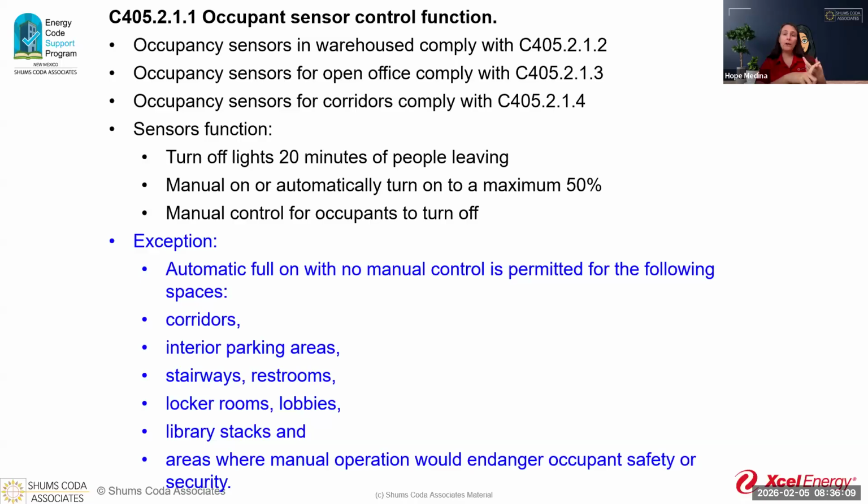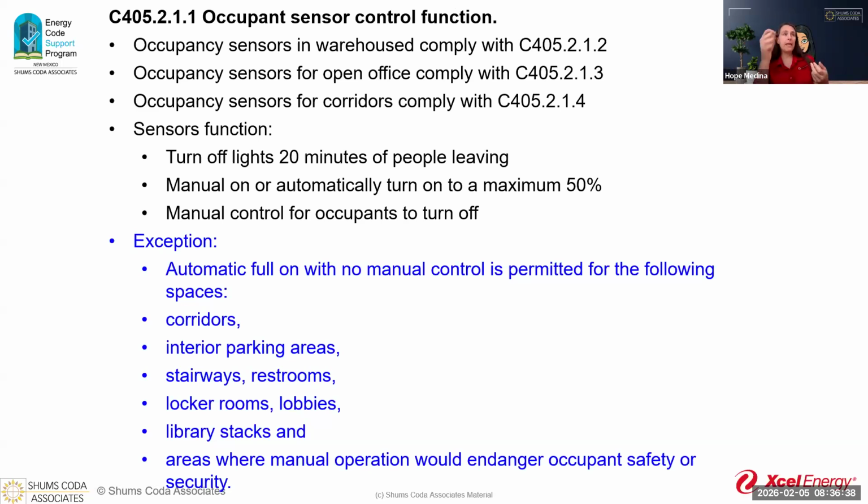So in 405.2.1.1, if you're a warehouse, you're going to go to a different section. If you're an open office, you're going into 0.3. If you are a corridor, you're going to the new section of 0.4. But otherwise, all those other occupancies, the restrooms, the 300 square feet or less, all those areas, the sensor is supposed to shut the lights off 20 minutes after everybody has left.